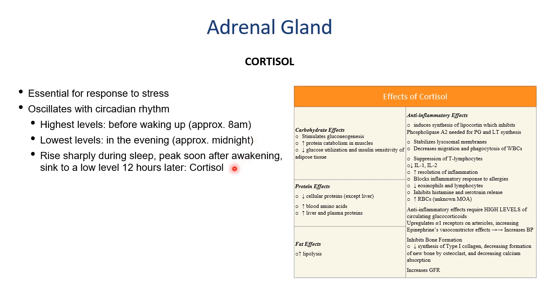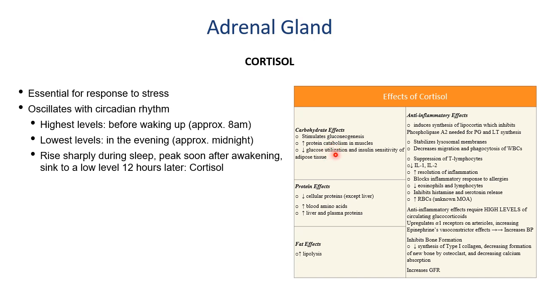It rises sharply during sleep, and the highest levels would be soon after awakening or just before waking up, and it sinks down to a low level 12 hours later.